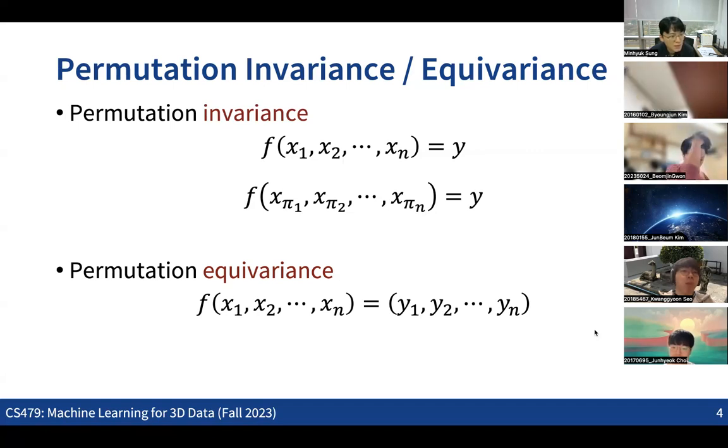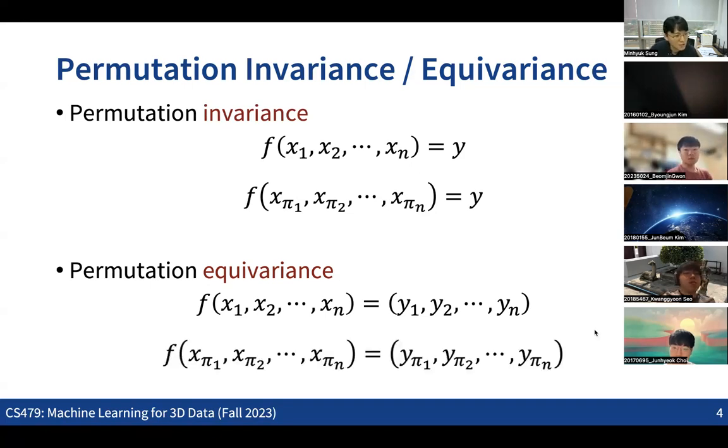When you classify the input points, regardless of the order of the points, we wanted to get the same scores for each of the class labels. That is what we wanted to achieve with permutation invariance. And permutation equivariance is important for segmentation. If we change the order of the points, the order of all the labels should also be preserved depending on the order of the points.